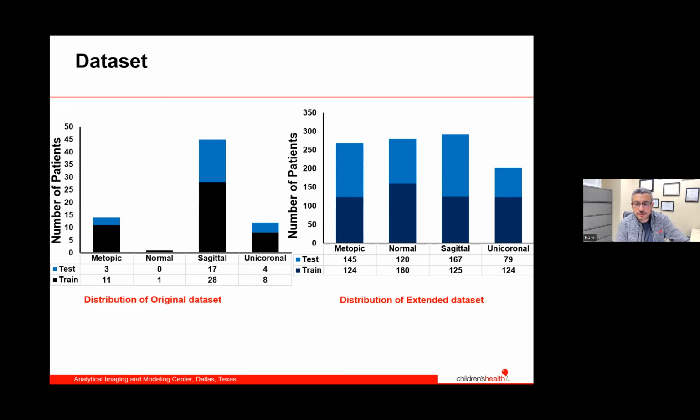Then we asked the physicians to look at these photos to vet that they are actually metopic, sagittal, or unicoronal. So by going to the internet and downloading all the images available, we went from having 0 normal images to test to 120. So now you see how we enhanced our number of images to do our machine learning.